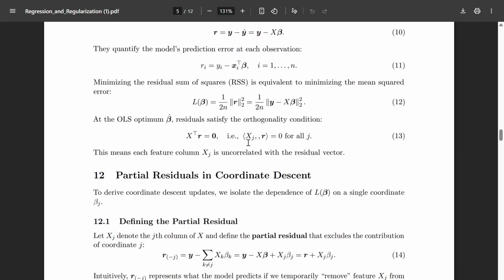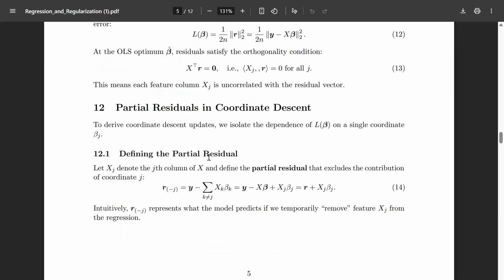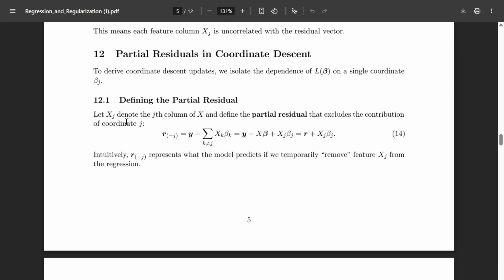So minimizing the residual sum of errors is equivalent to minimizing the mean squared error. You can just minimize over the sum of errors r_i because they are all independent of each other. So what we basically do is define something called the partial residual. Let's say that x_j denotes the jth column of X, and we define the partial residual that excludes the contribution of coordinate j.